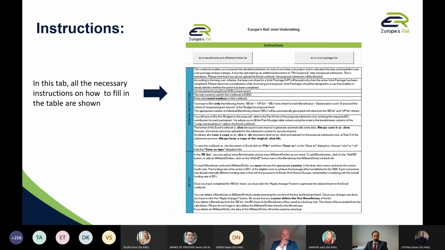So on the first tab, please read all the descriptions, all the details of each tab. Everything is mentioned there, okay? On the first tab, you have this kind of screen description of everything that you need to do to fill in the financial Excel table properly. Next, please.